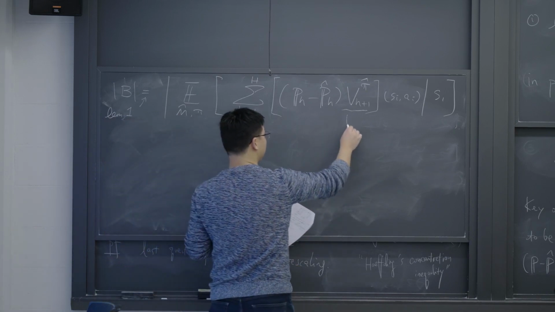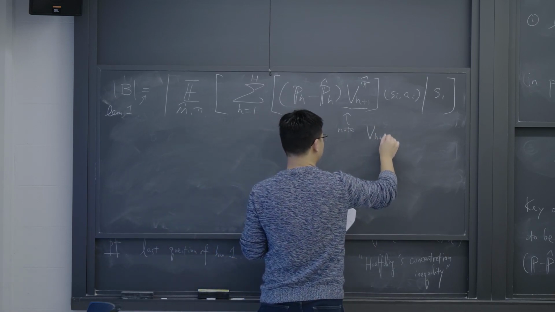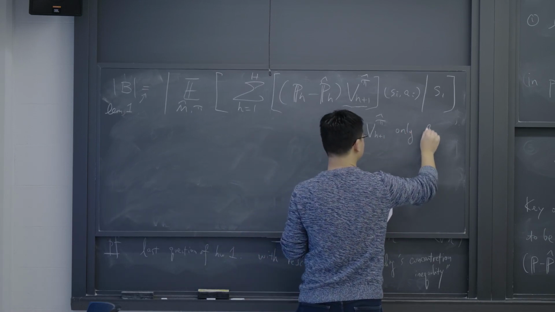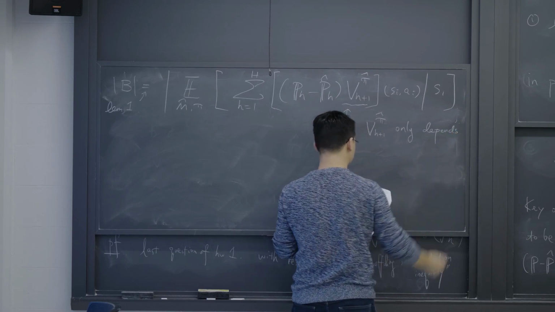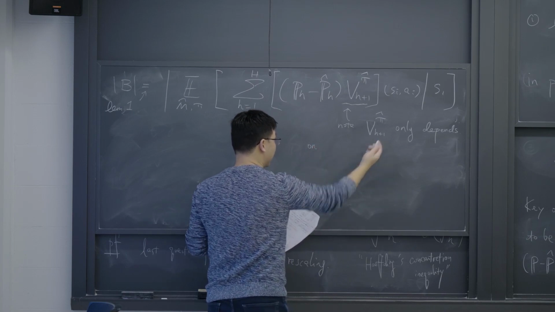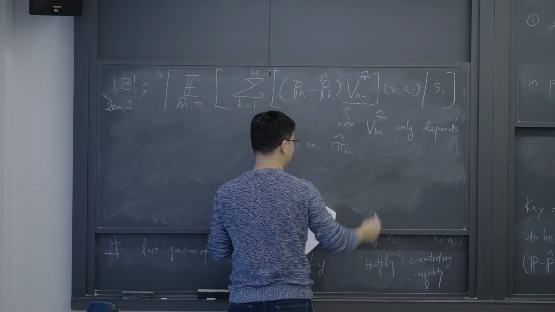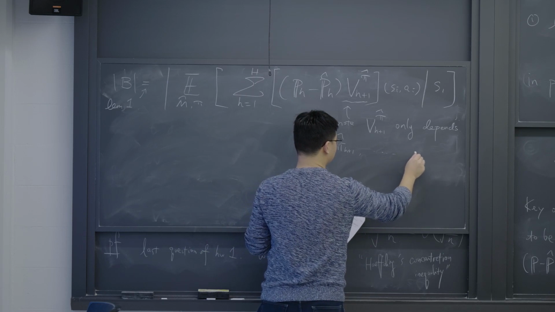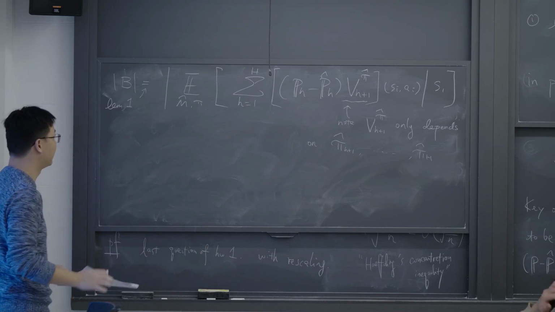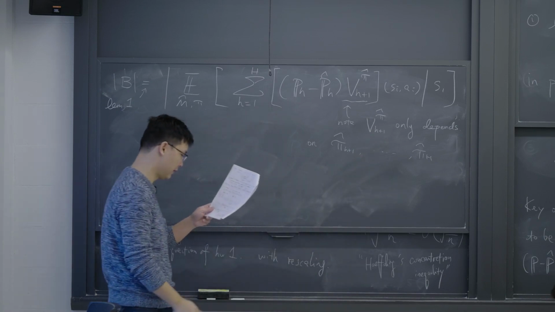But the key observation here is we note this value, V_{h+1}^{pi hat}, since it is the value at step h plus 1, only depends on the policy at later stages: V_{h+1}^{pi hat} till V_H^{pi hat}. It doesn't depend on the policy in the earlier steps. So we don't really care about the policy on the earlier steps. We can already fully determine those values.